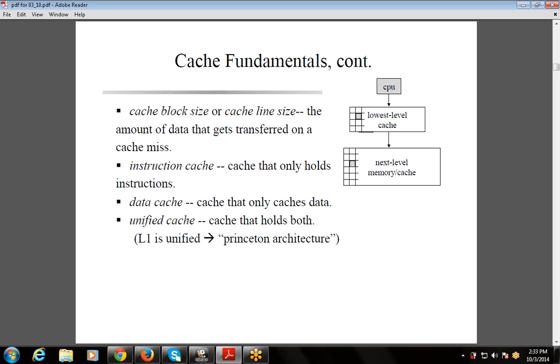The next one is the data cache, which only holds data. So when it only holds instructions, that is known as the instruction cache, and when it only holds data, that is known as the data cache. Then a unified cache holds both the data as well as the instructions, and that is known as the unified cache. L1 is unified, that is, a combination of data and instructions.